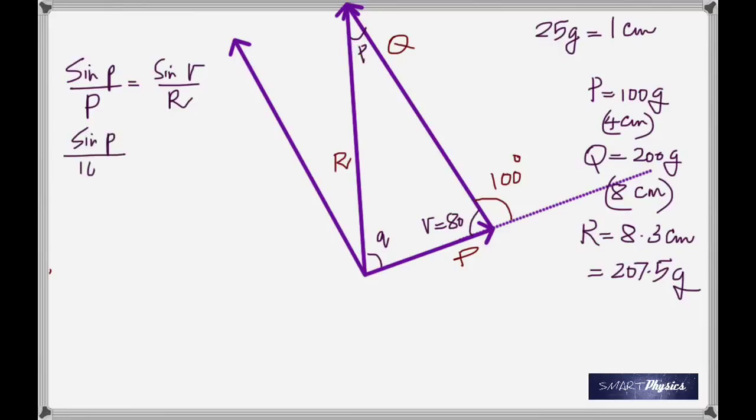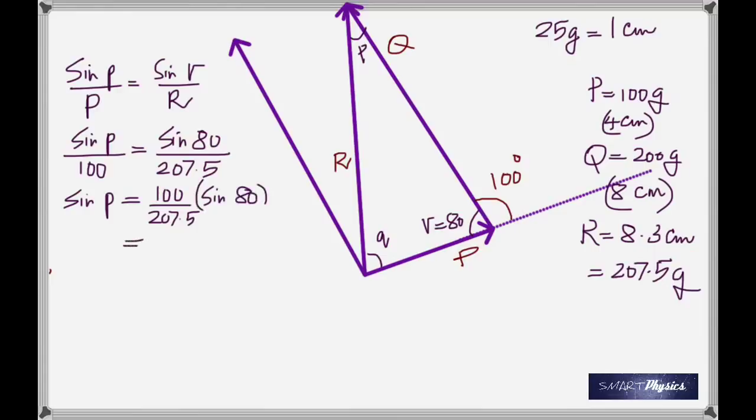So if you substitute into that, since you know P is 100 and the resultant R is 207.5, you can plug it in, calculate, and you will get angle P to be 28.3 degrees. So once you get P to be 28.3, you can figure out Q to be 71.7 degrees because the total should be 180 degrees. So I hope that's clear enough. That's how you find the angle.